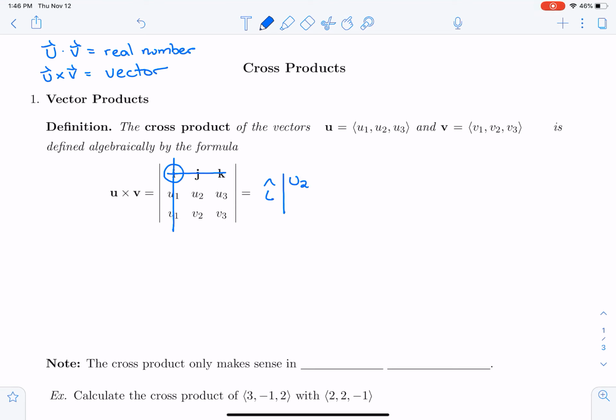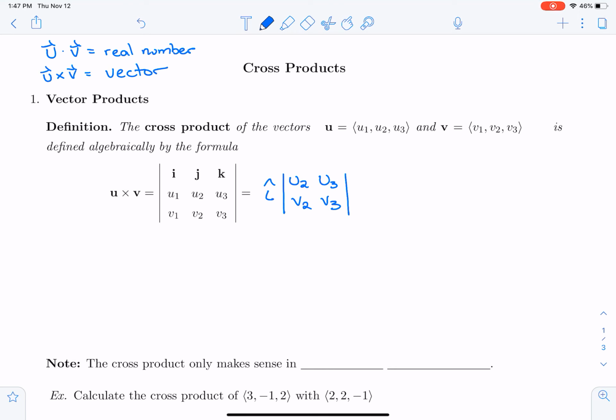That determinant is of the matrix u2, u3, v2, and v3. And we will show in a moment how to take the determinant of that matrix. But for now, you just need to know that we are going to define the 3 by 3 determinant in terms of 2 by 2 determinants. So that is the first component.